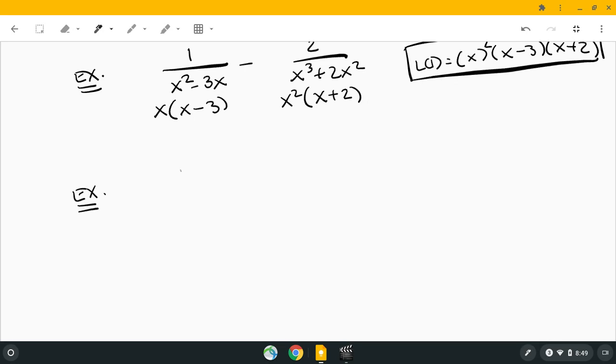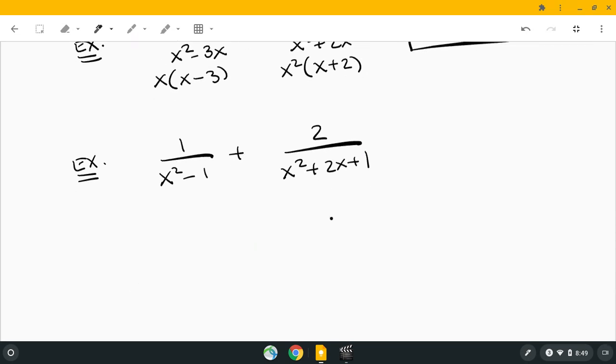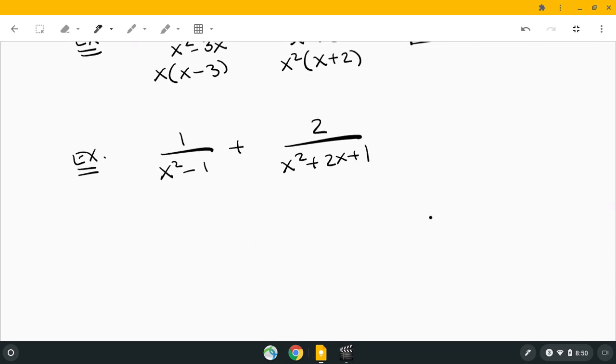All right, suppose that you have 1 over x squared minus 1 plus 2 over x squared plus 2x plus 1. Again, these are not factored, so you'll need to factor them. We have a difference of squares over here, so this is x plus 1, x minus 1. This here, we need to make x squared, so x times x.